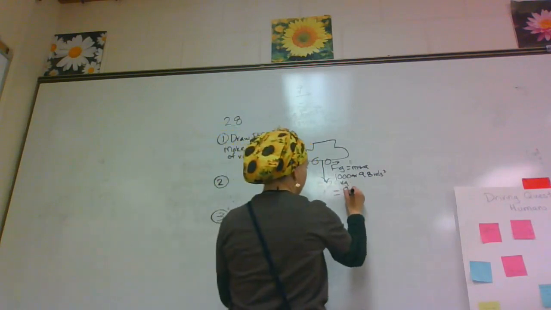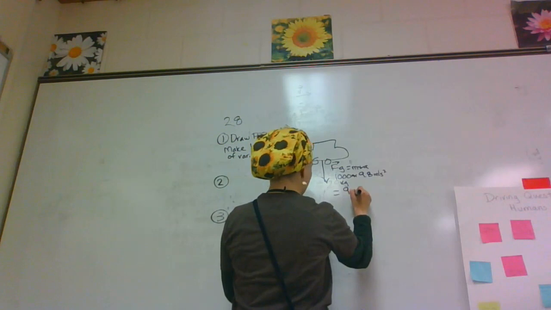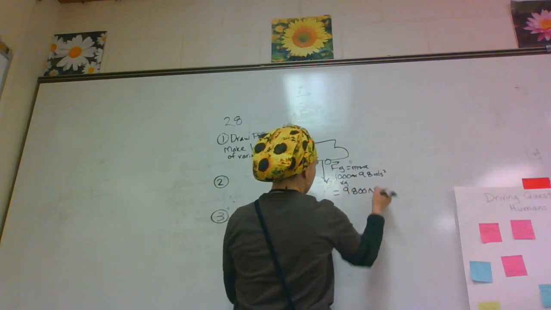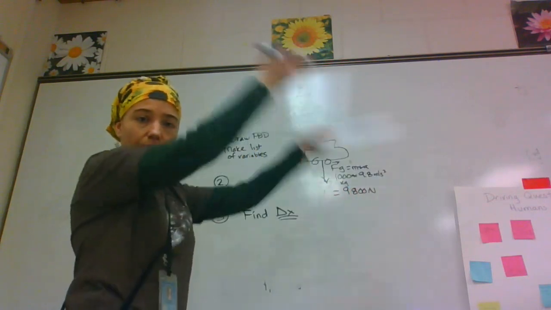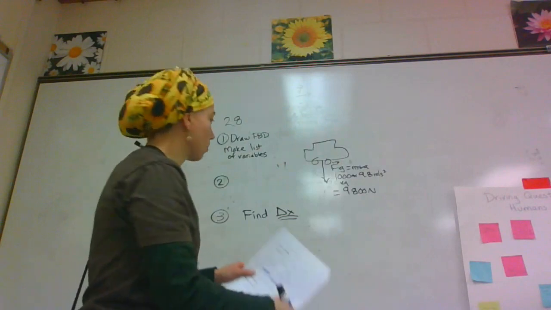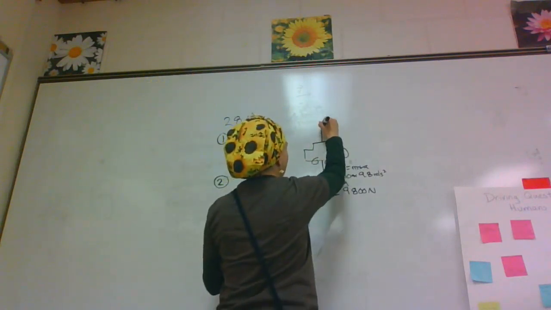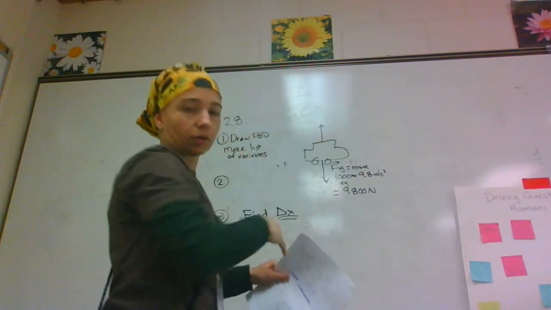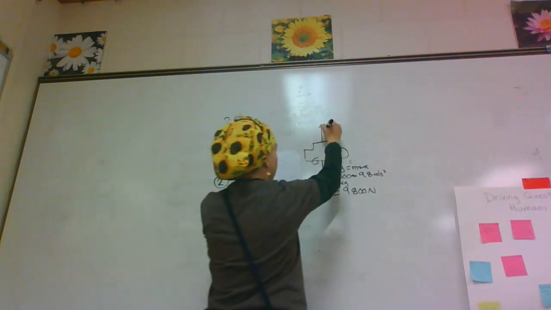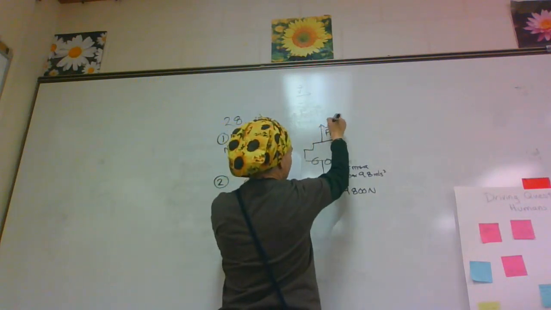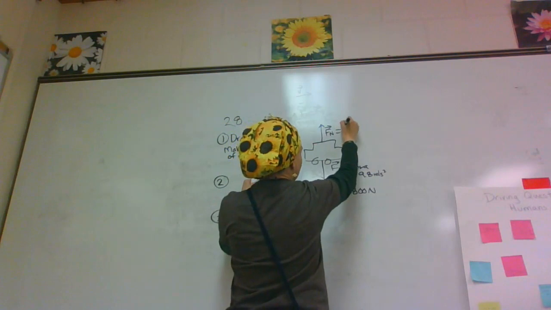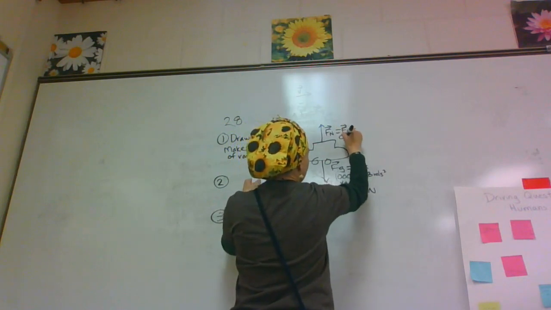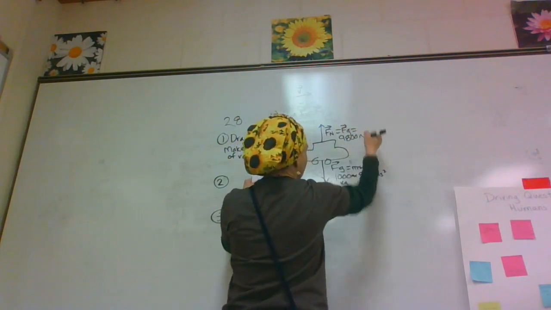And so we get 9,800 newtons. Now, is my car accelerating upward into the sky? Is it accelerating down, making a hole in the ground? Nope. It is in balance in the vertical direction, so my forces have to be balanced. So I know that my normal force is going to equal my force due to gravity. And so that's also going to be 9,800 newtons.